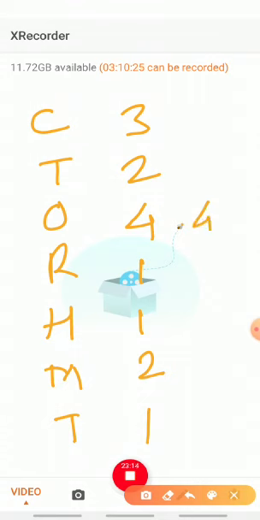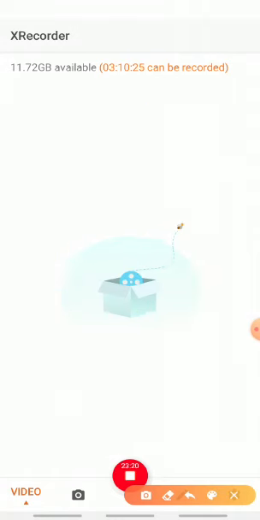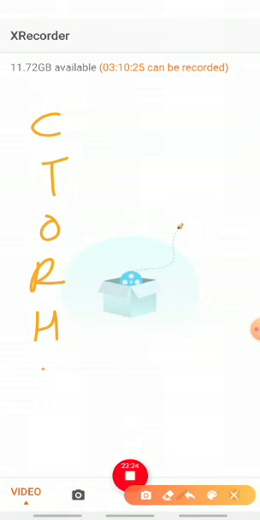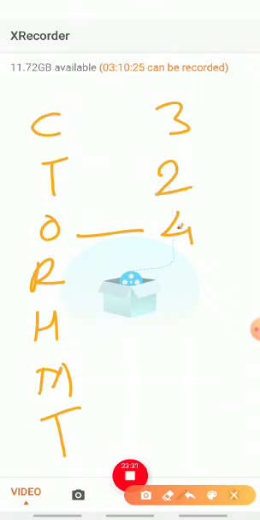What? 4 3 2 1 1 2 1. See here, C tor HMT. Here you need to start with 4, then 3, then 2 1 1 2 1.